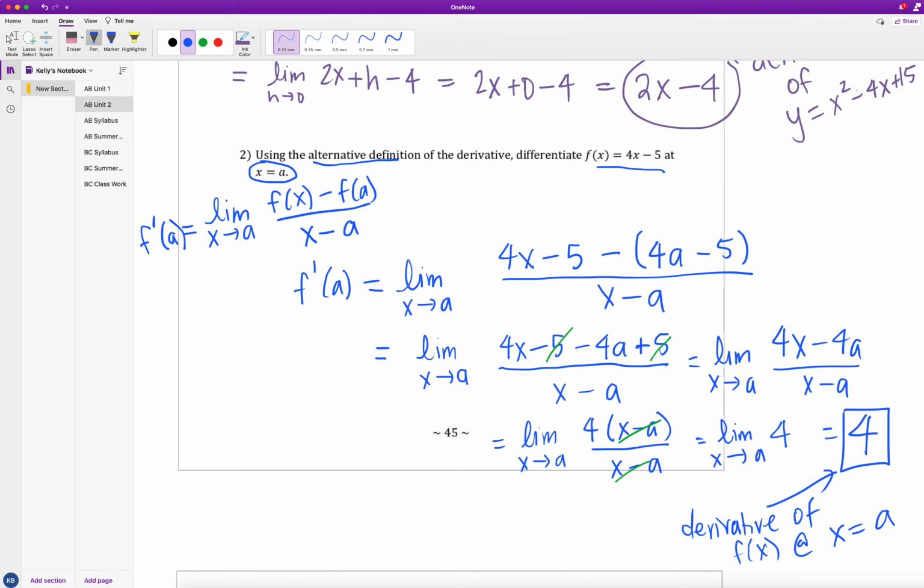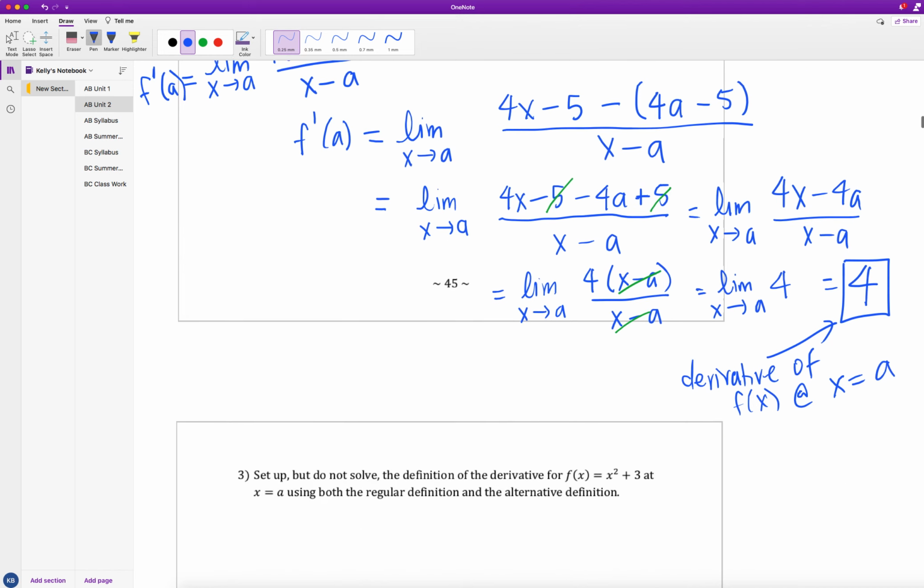We are not going to do a ton of these problems. We are going to move on to the power rule, product rule, quotient rule, and chain rule when we work with derivatives in the next section, but it's important to understand where all of those come from and that a derivative is the limit of a difference quotient. So all that stuff about limits that we learned in our last unit is helping us build all of these concepts about derivatives.